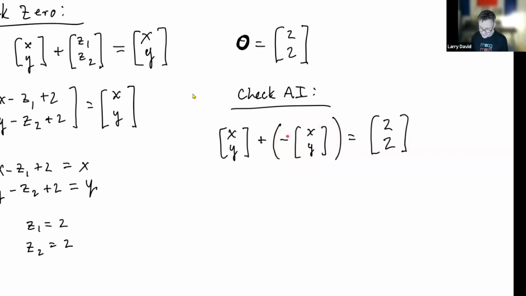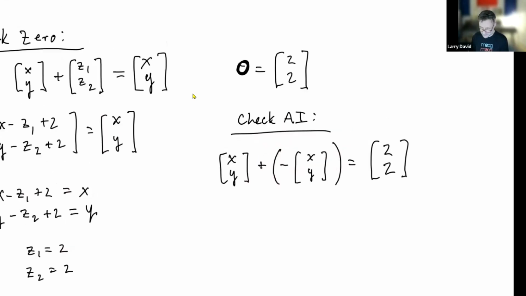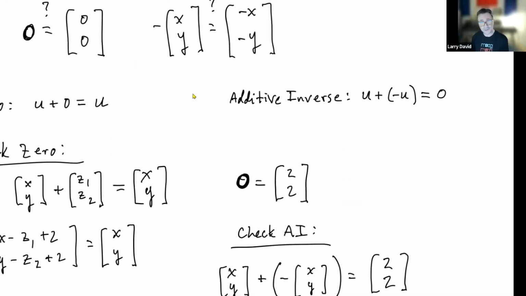So you might think this is -1 times this vector. That's not what this means. This symbol means simply the additive inverse, and in particular, it means the unique vector. That's another theorem, that the additive inverse of every vector is unique. It's the unique vector that satisfies this equation. So when you take a vector and add it together with its additive inverse, you always get the 0 vector.